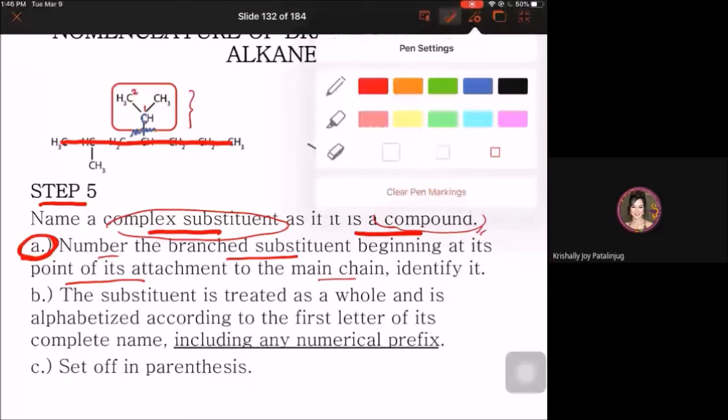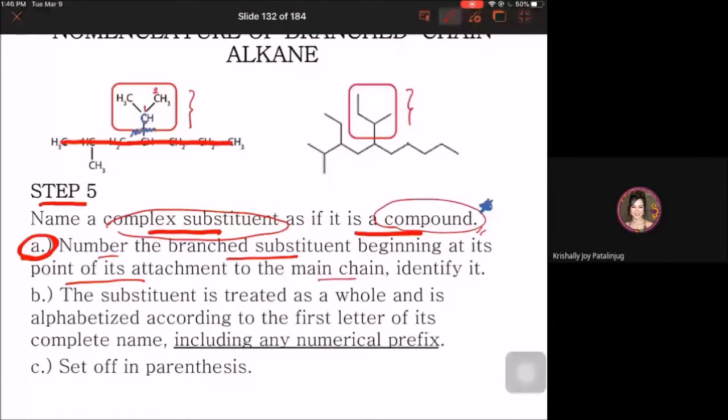That means the alkyl group here is a 2-carbon chain. Isn't that one of our basic steps in naming a compound? We number the longest chain. But again, this is already the substituent we are naming.